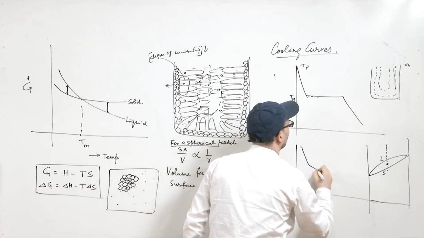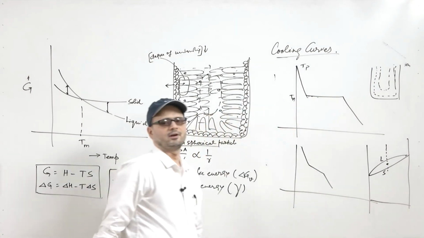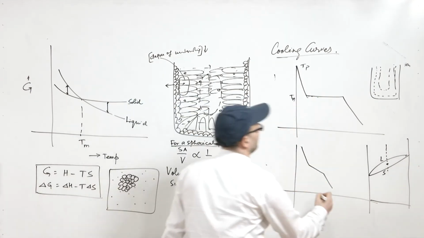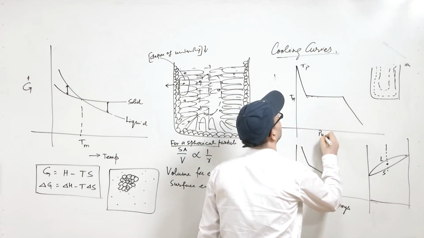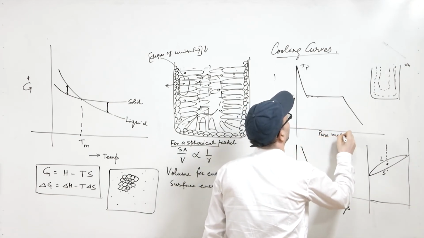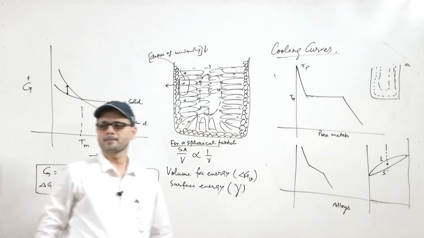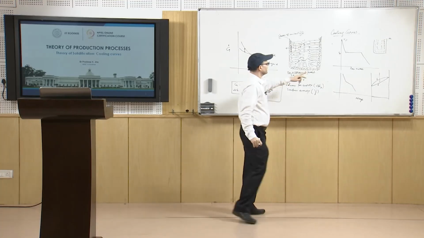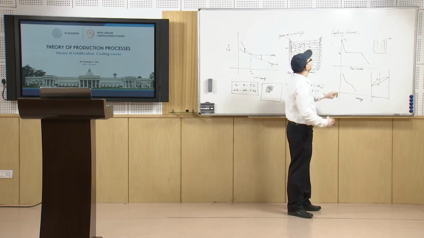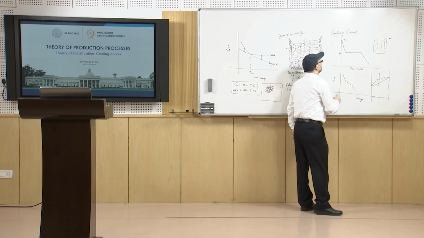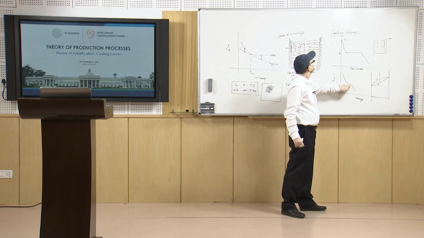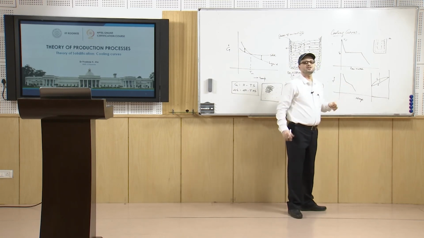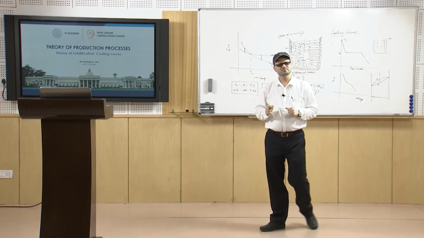So, it goes on like this. This is for alloys, and this is for pure metals. In the case of alloys, the temperature goes on decreasing even during the solidification process.